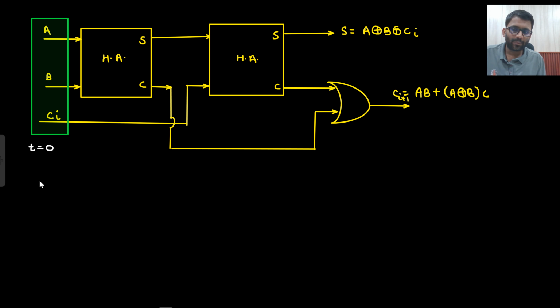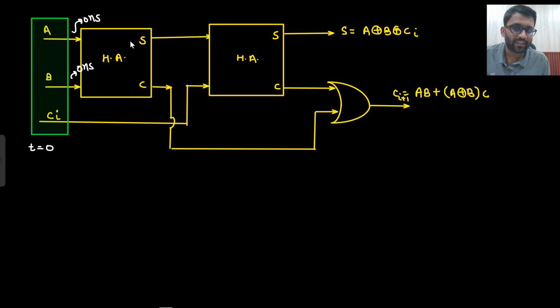Now these inputs are applied at t equals to 0, so they are stable at t equals to 0 nanosecond. This half adder has the capability of giving the output at t equals to 0 nanosecond. Do you agree to this line? Because inputs are stable at t equals to 0 nanosecond.